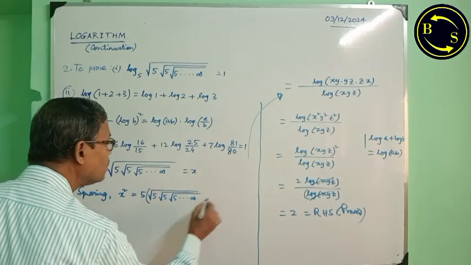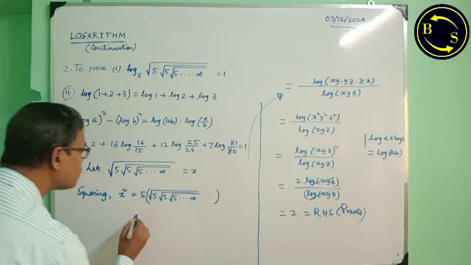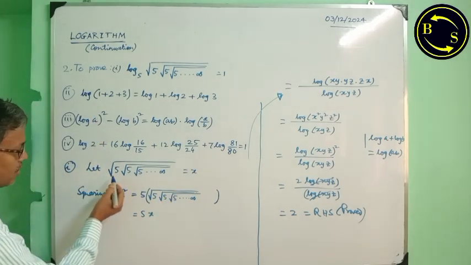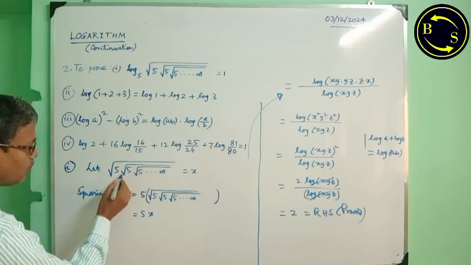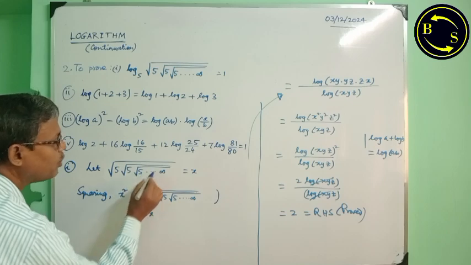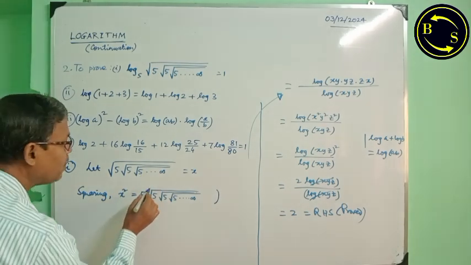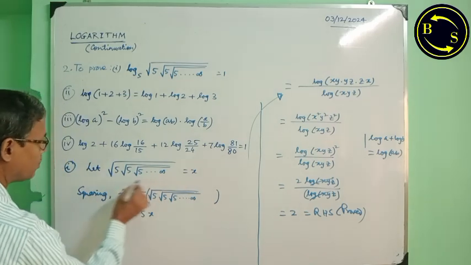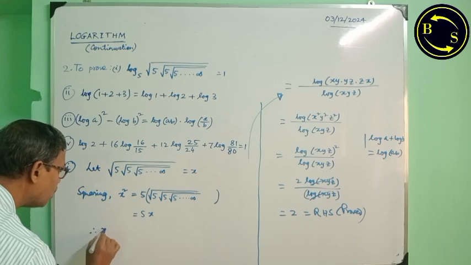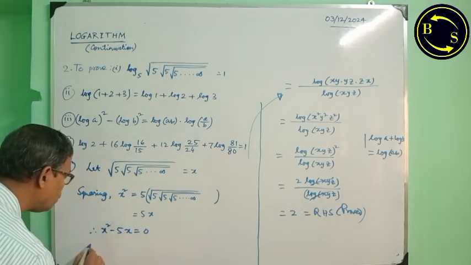Now, this one, again product to infinity, that means this becomes 5x. As I have taken x equal to under square root symbol 5 into under square root symbol 5 into under square root symbol 5 up to infinity. Therefore, after squaring, we get 5 into again this part, that is x. Therefore, x square minus 5x is equal to 0.